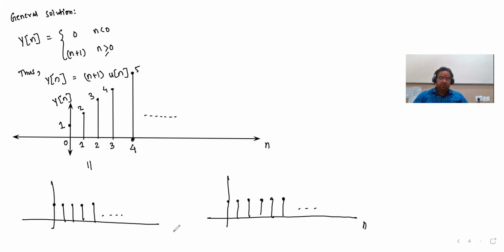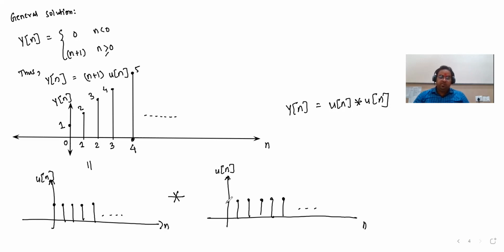When we convolve these two, we obtain this particular signal: y of n is equal to u of n convolved with u of n.